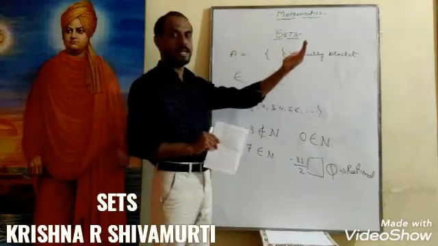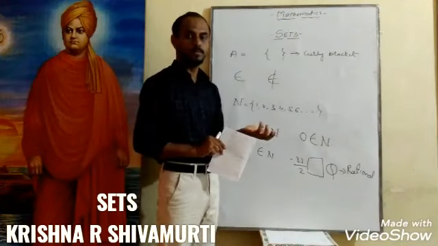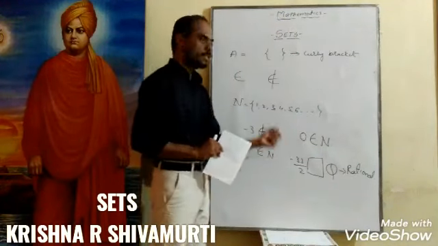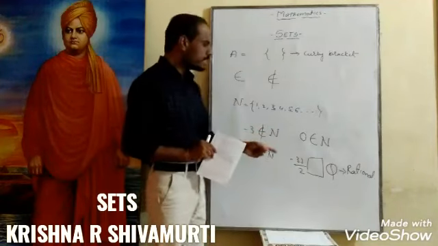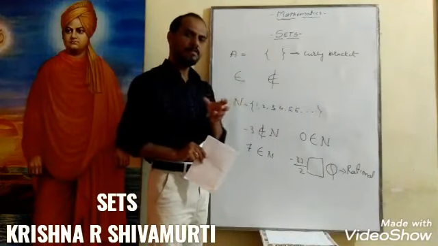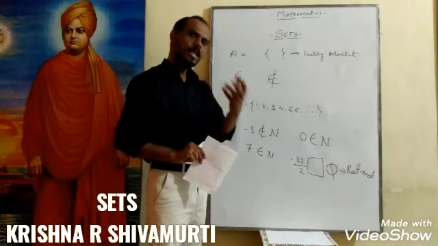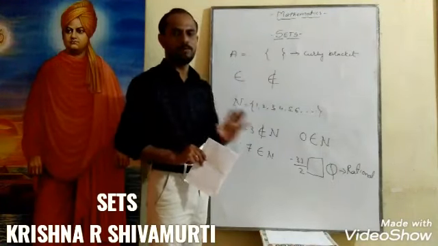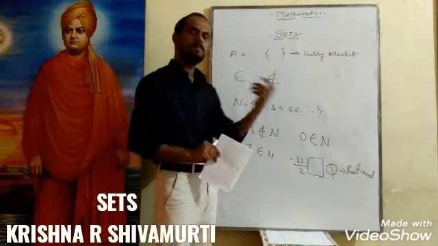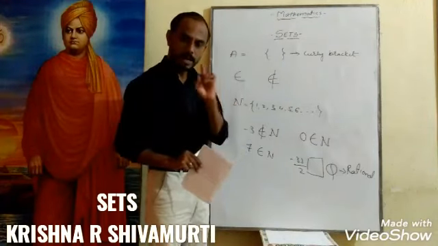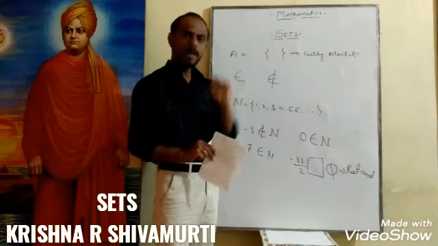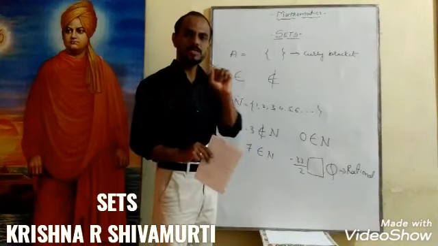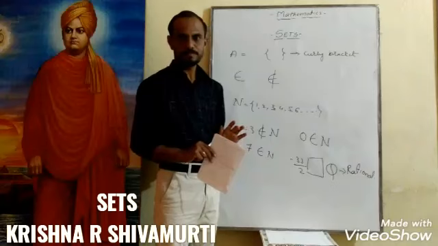Go to the definition of rational; basic knowledge is needed to define this. The rational number definition itself is there: any number that can be represented in P by Q form, it may be minus, it may be positive, but the condition is that in the P by Q form, Q is not equal to 0.